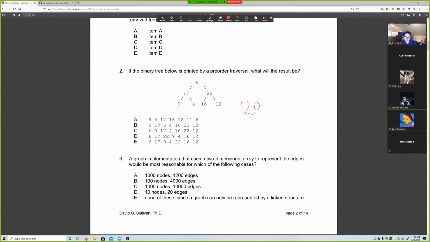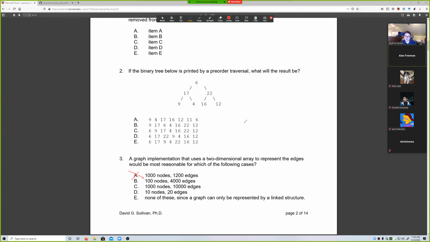So what is 12,000 over 1,000,000? We can just straight up say that's less than 0.25, right? So we can kind of rule this guy out. Okay? Make sense? Yep. Now we've got 100 nodes and 4,000 edges.